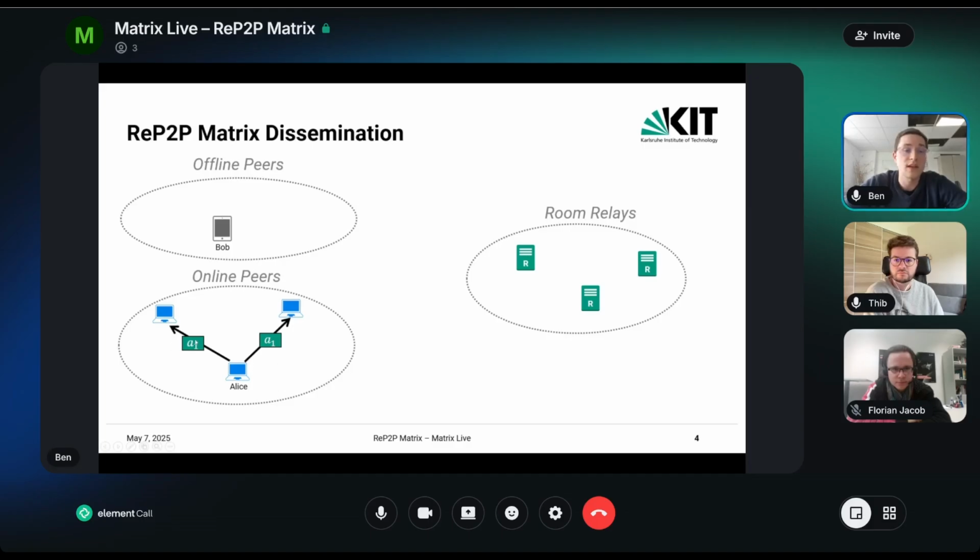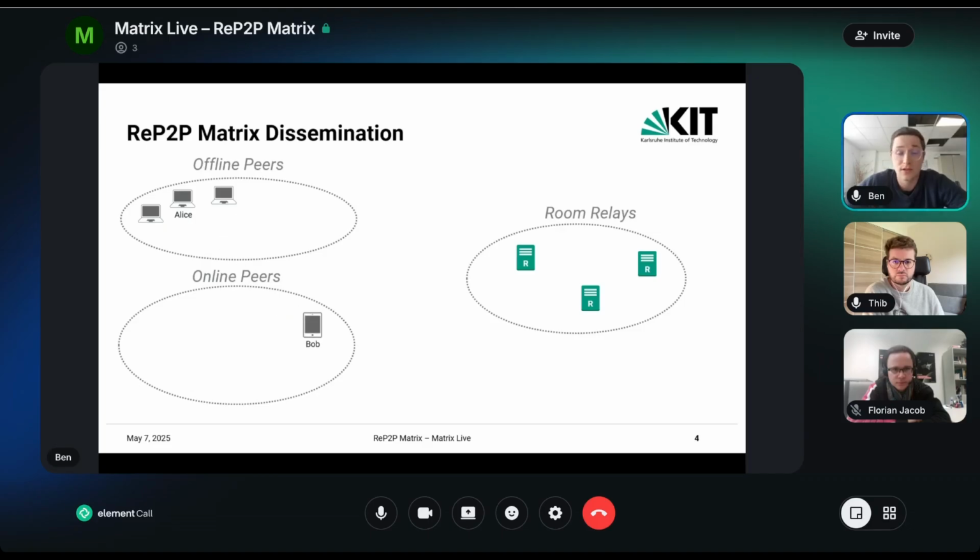So she first sends the event to all the other online peers via a P2P Matrix mechanism such as Pinecone. And in addition, she sends this event to one of the room relays, which in turn forwards this event to all other room relays. Now, after a while, Alice and the previously online peers return offline, and Bob returns online.